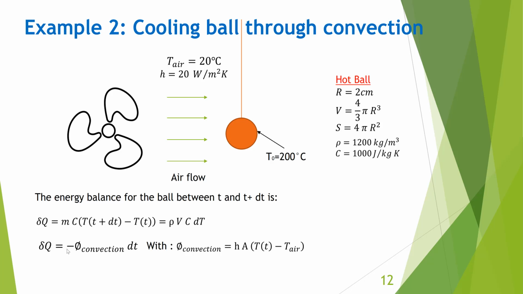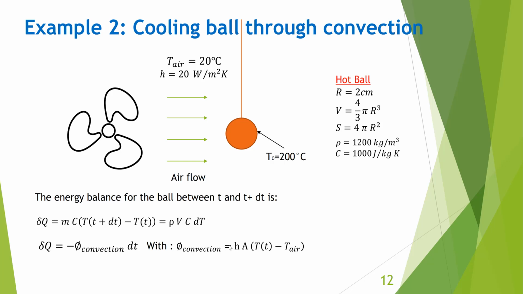Because it is a loss, we add a minus. So delta Q is always equal to minus phi convection multiplied by dt, which is the time. This is the power, the heat rate loss in power. So it is in watts.